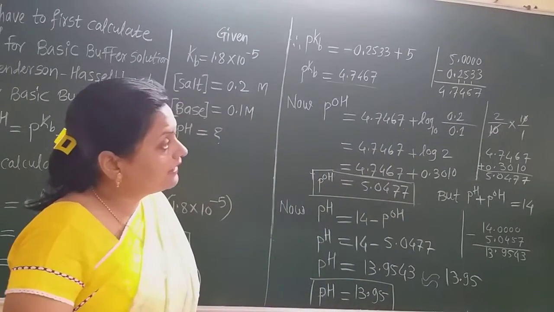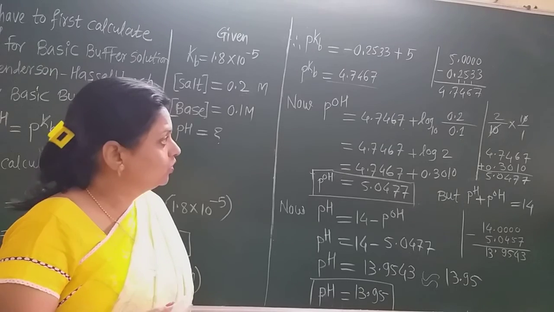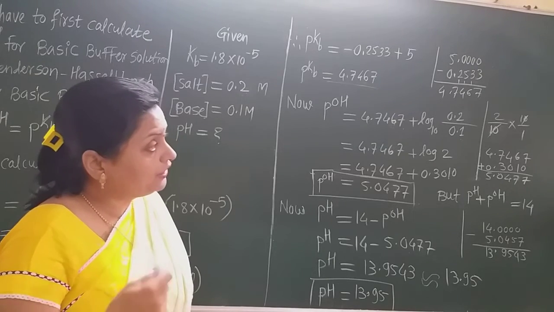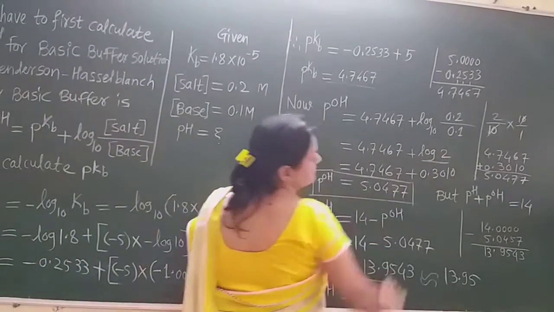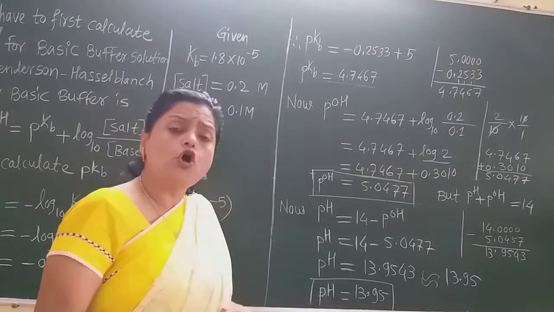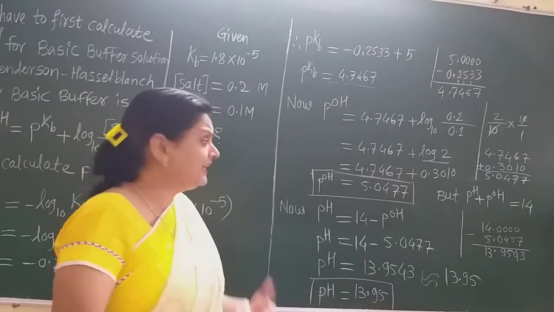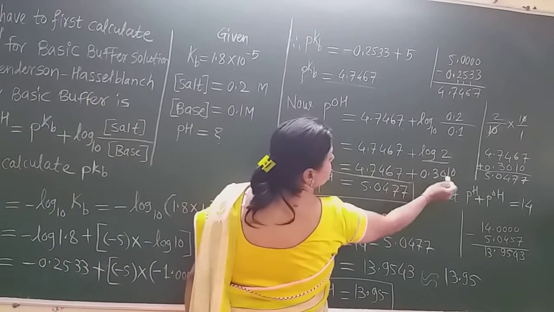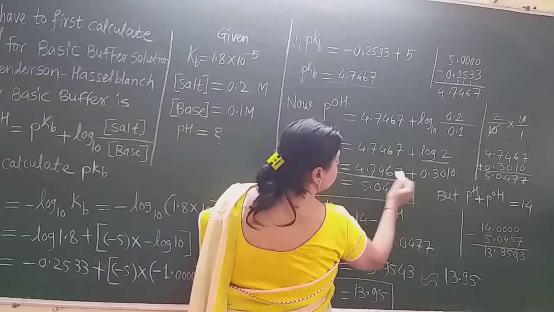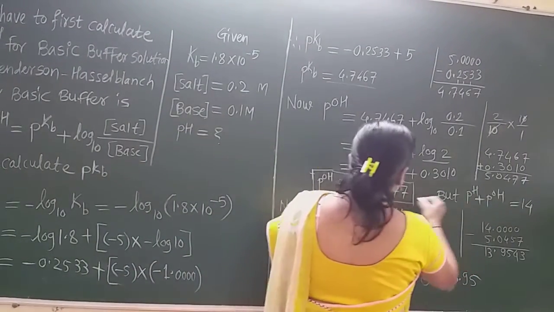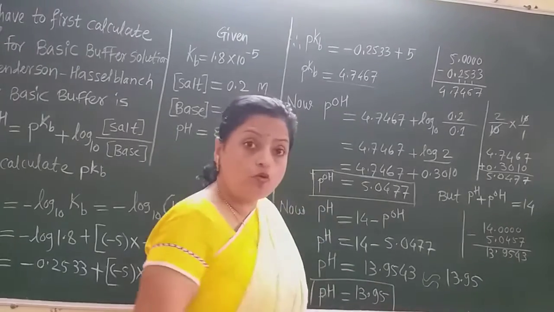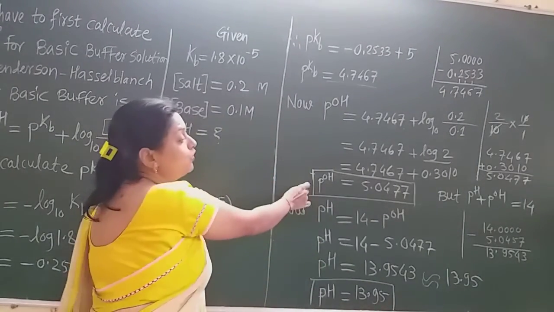Now 0.2 divided by 0.1 means 2. So here I write the log of 2. Now what is the log of 2? 0.3010. Now only add this into this. Here the value comes 5.0477. That is the pOH value.